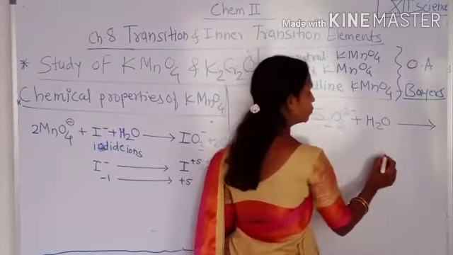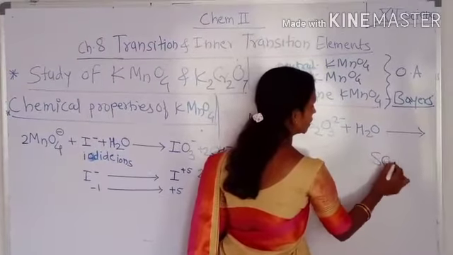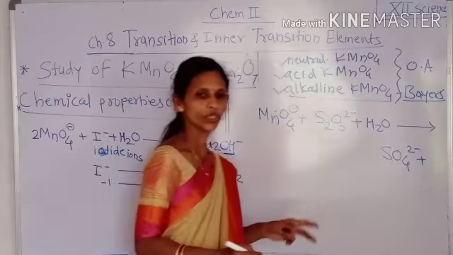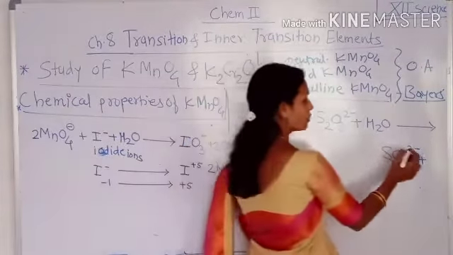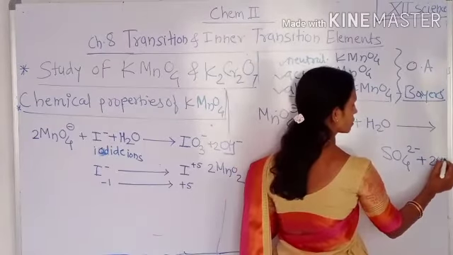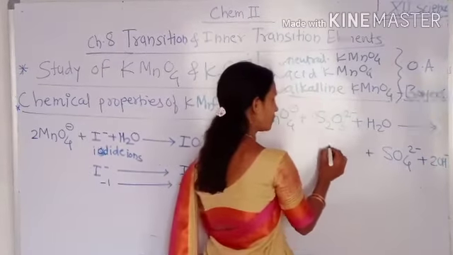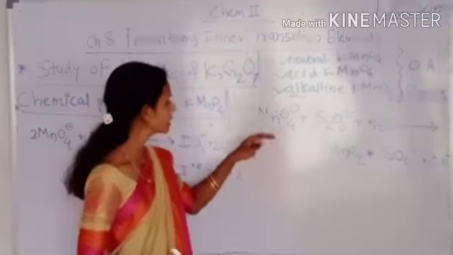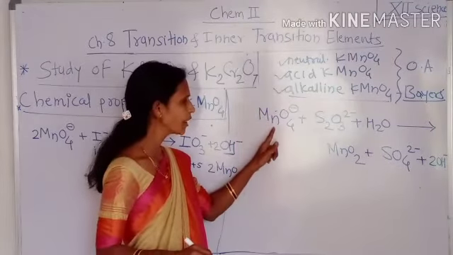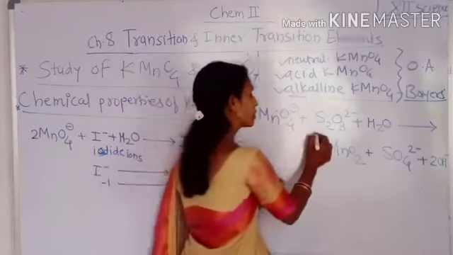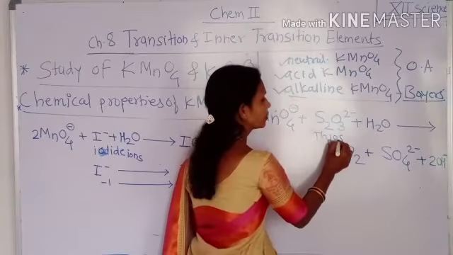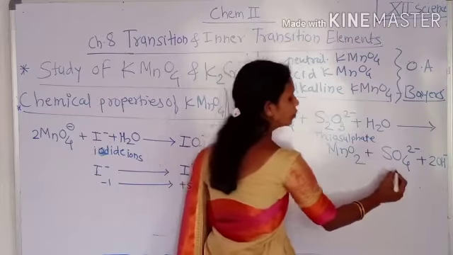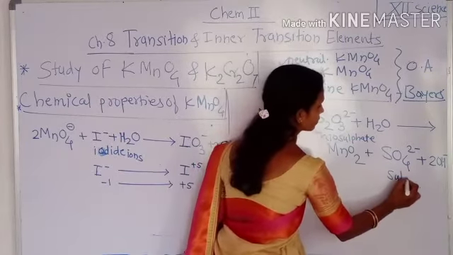It is converted into sulfate ion, SO4 2 minus, with OH minus and MnO2 formation. In this process, permanganate ion oxidizes thiosulfate ion in neutral medium to sulfate ions.